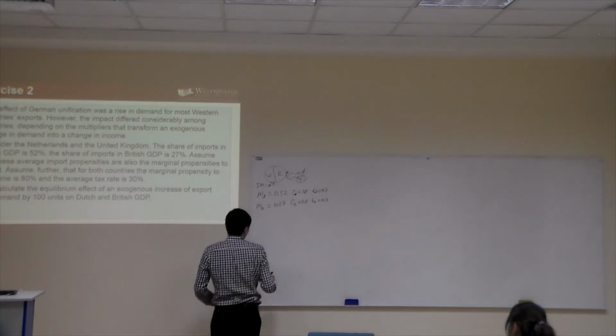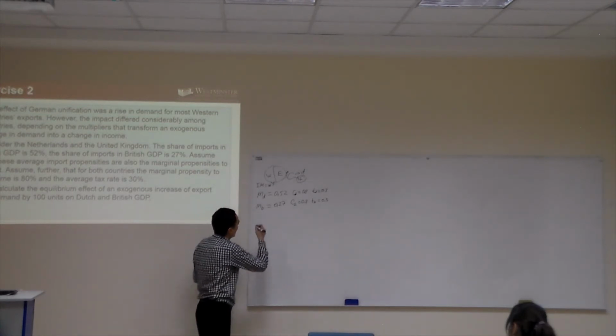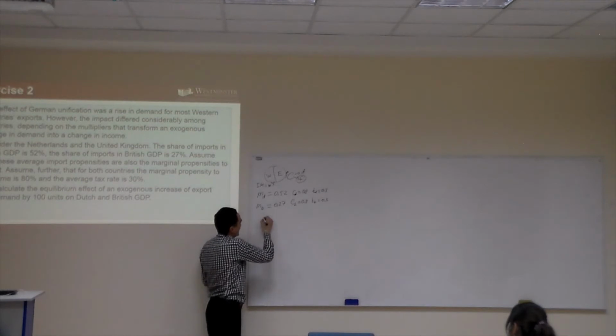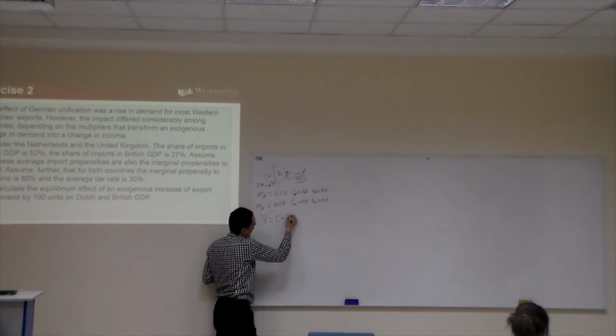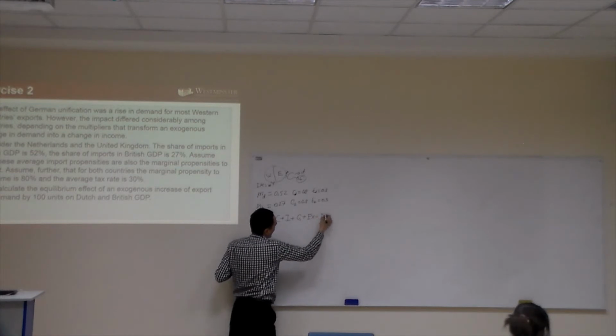So let us write our output function. Our output is equal to consumption plus investment plus government spending plus export minus import.